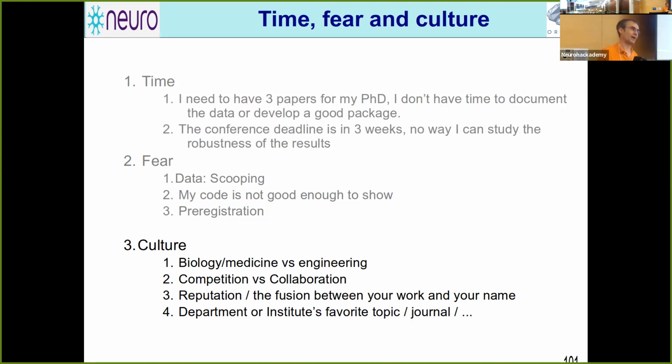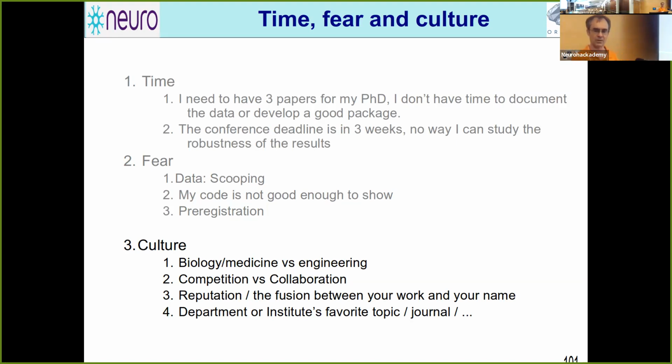Culture is complex. It's a big word, but I've seen a very different kind of mindset in biology and medicine versus engineering and technical work. I don't know if others in that room have also felt that same difference.